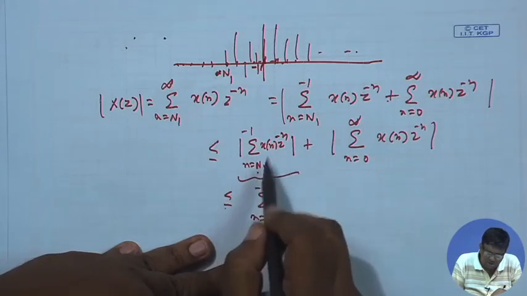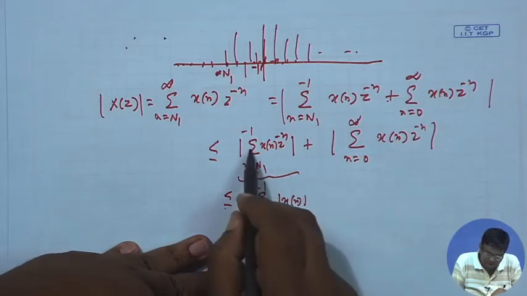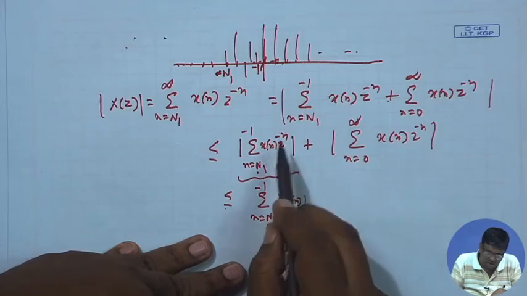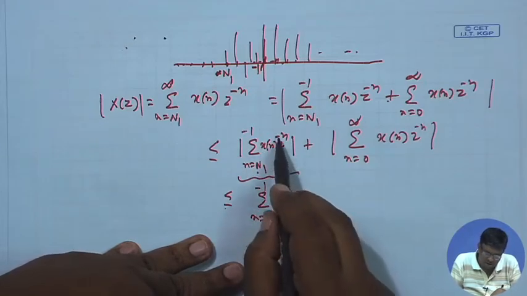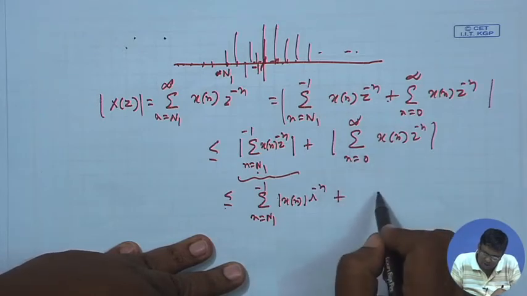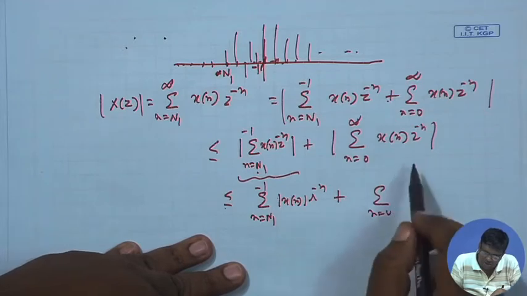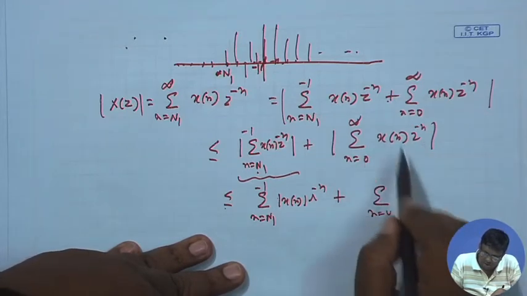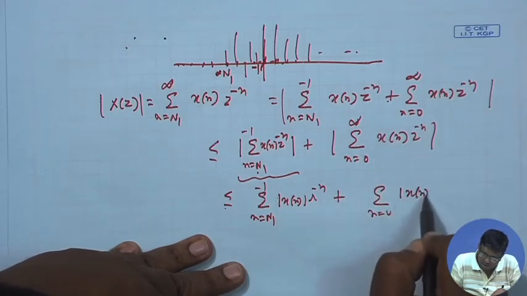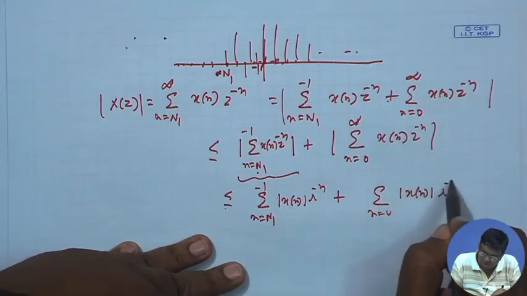When you break it further, mod of a summation is less than or equal to the summation of mod, as before, and mod of the product is the product of the mods, mod x n and mod of z to the power minus n, which is r to the power minus n.